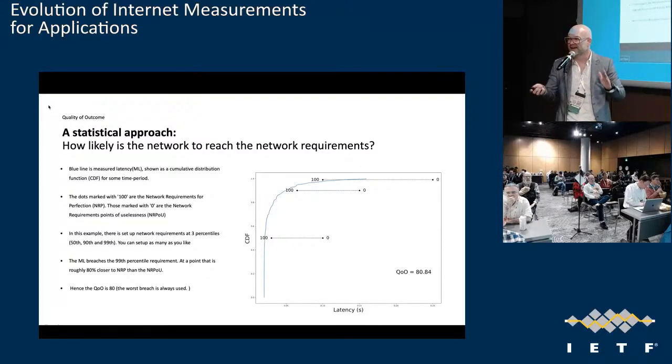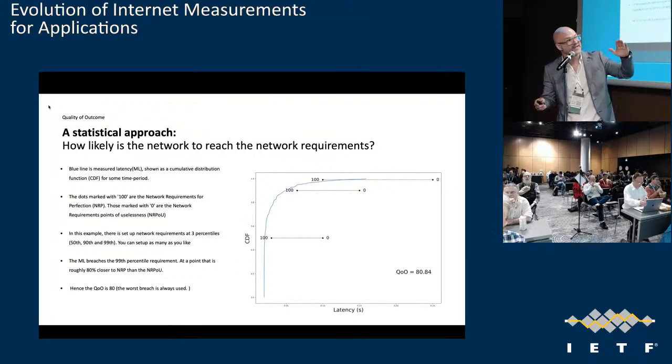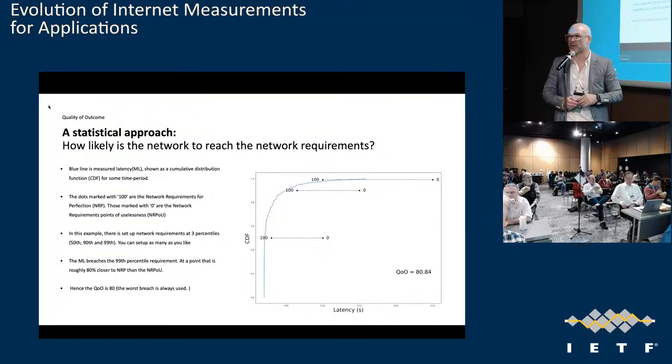So that's saying, hey, if it was above 100, then this would have a quality score of 100. So the worst intersection point is basically that quality of outcome score. So in this case, you have an 80% probability, due to the latency at the 99th percentile, that this gaming session is flawless. So this is kind of the new metric.